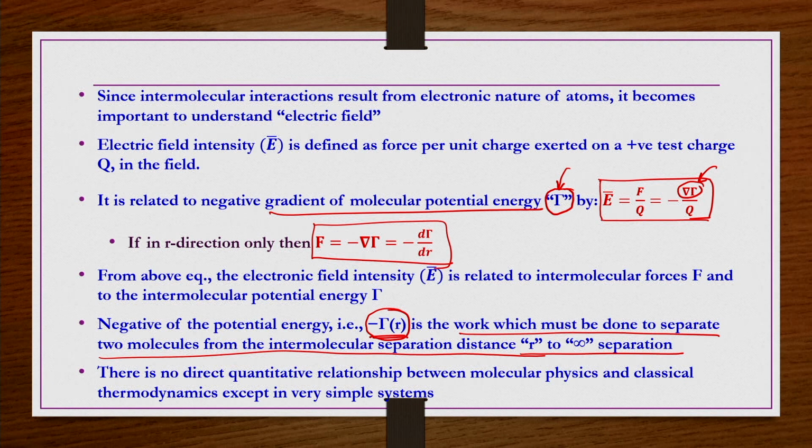There is no direct quantitative relationship between molecular physics and classical thermodynamics except in very simple cases. Most of these details are developed on the basis of molecular physics, and the equations and intermolecular potentials that we are going to see are all developed based on molecular physics. They are not part of thermodynamics, to be frank.